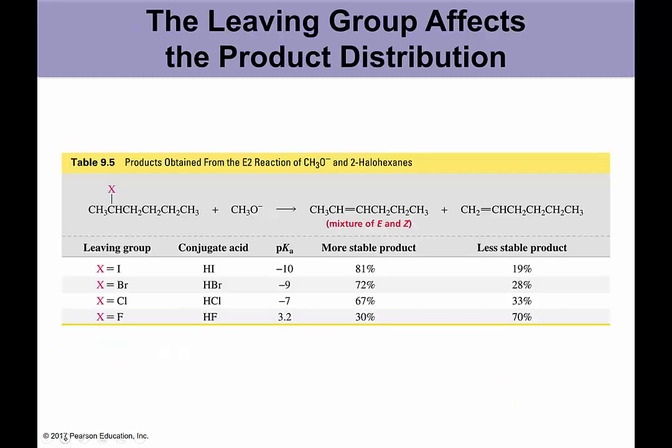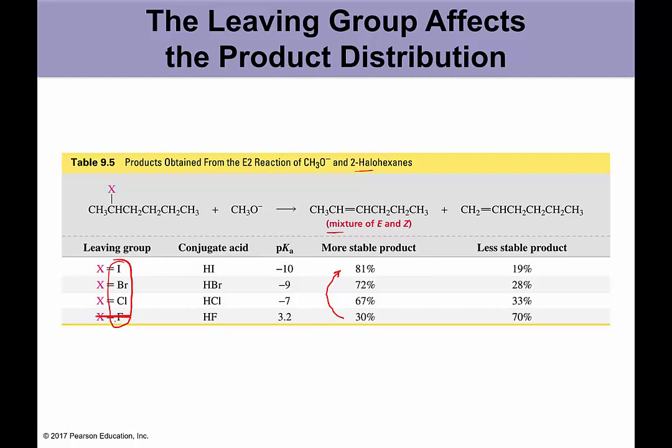Experimentally, you can see it in the use of different halides as the leaving group. So for 2-halohexane, that's what this would be called generically, what we find is that you always get a mixture of E and Z products, but starting from the bottom, from poorer to better leaving groups, you get more of the more stable product and less of the unstable product.